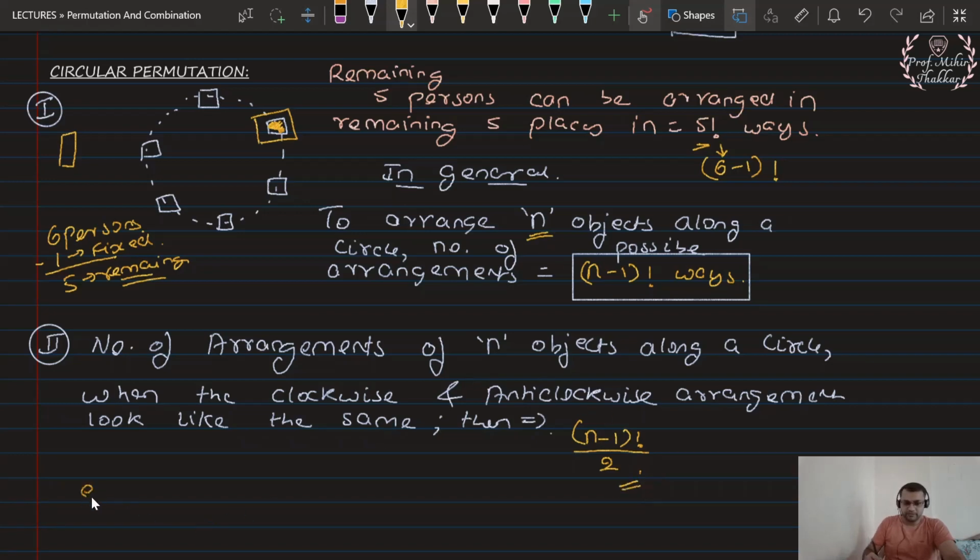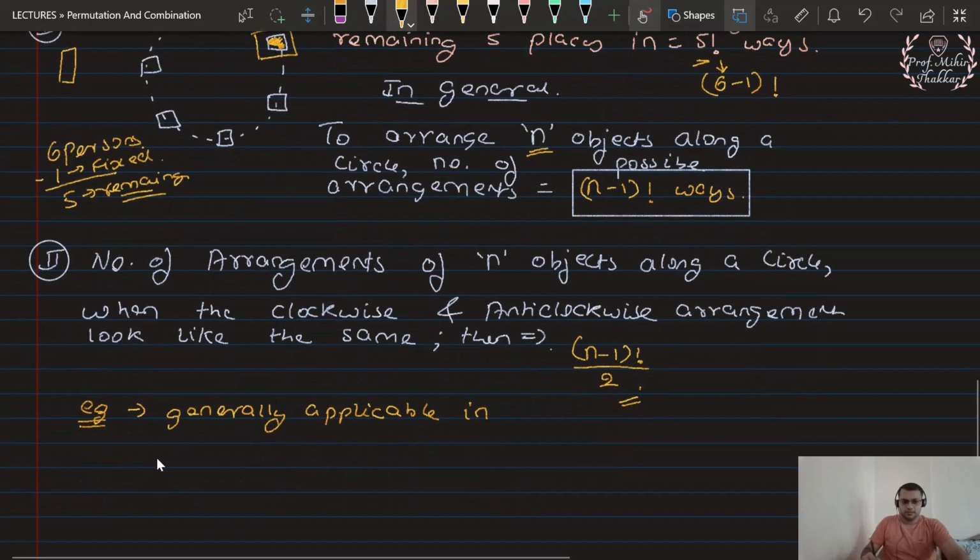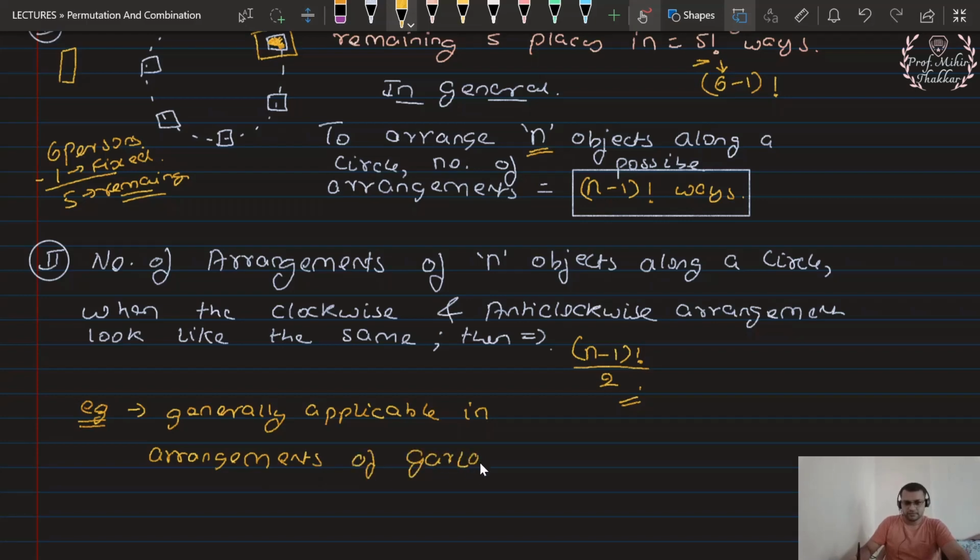This is generally applicable in the arrangement of a garland of flowers, a necklace of pearls, and so on.